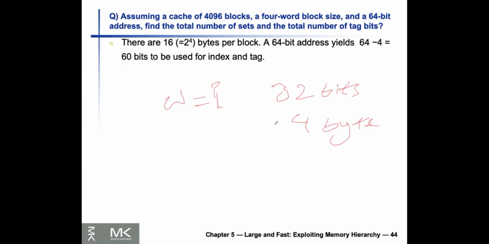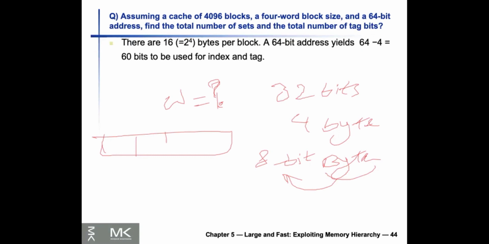Because each byte is 8 bits, right? That's why we call it an 8-bit byte. That means each byte is 8 bits, right? So each block is a 4-word block size, all right? So we call this one block.